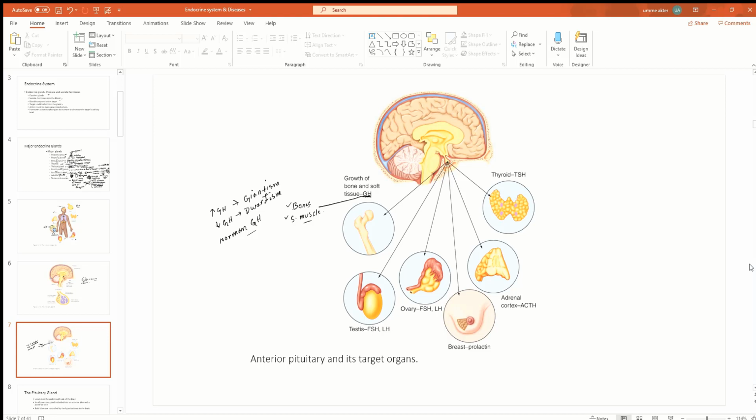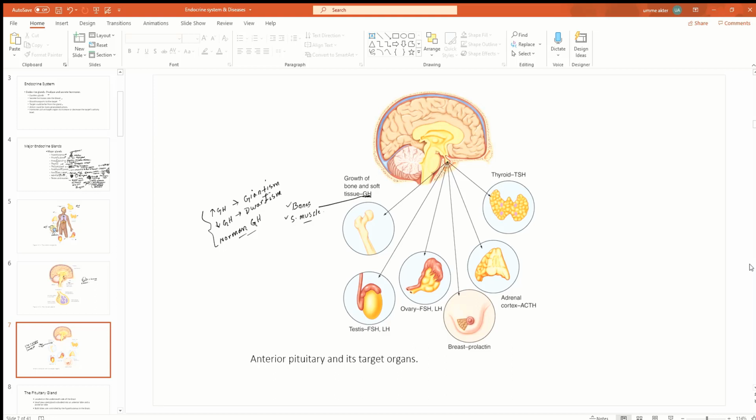Now this is during the growth of the body. However, if your growth hormone secretion was normal during the growth of the body, but after puberty, in adulthood, growth hormone secretion suddenly increases, then what will happen? The body will not grow further because the growth is completed, right?